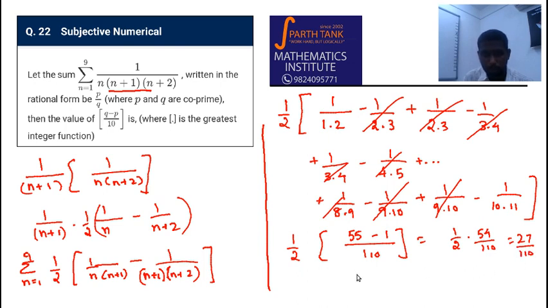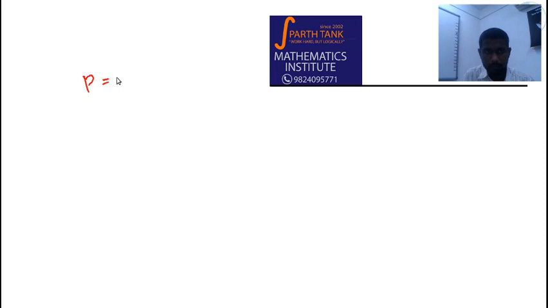Now these two are co-prime already, because 27 is 3 into 3 into 3. The denominator is nothing but 2 into 5 into 11, no common factors, right? So that is equal to p by q, which implies p is 27 and q is 110. Now the question is to calculate the value of the greatest integer function of q minus p upon 10.